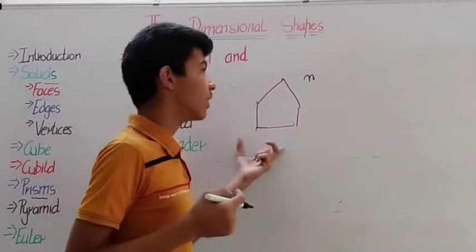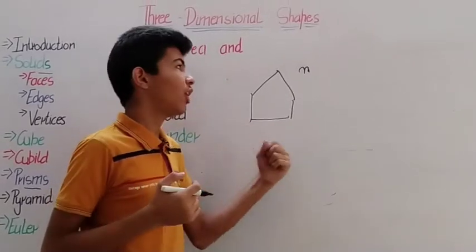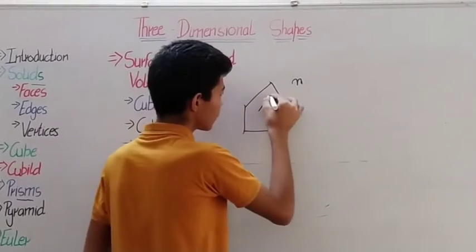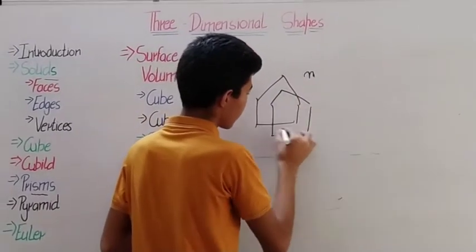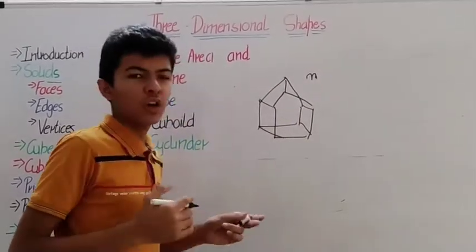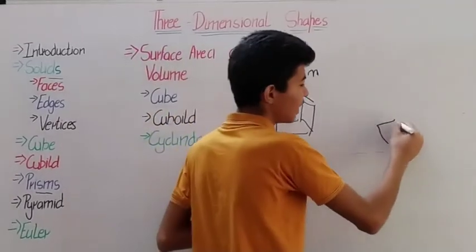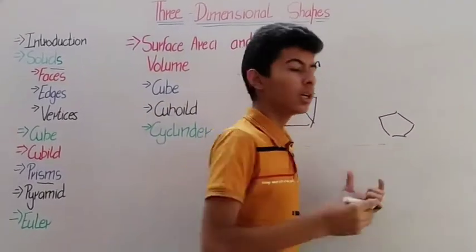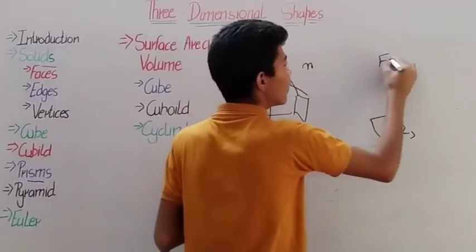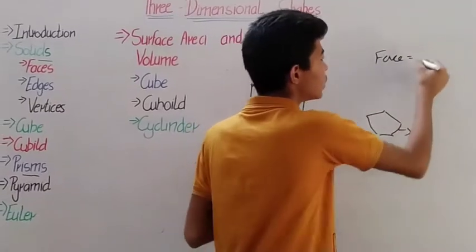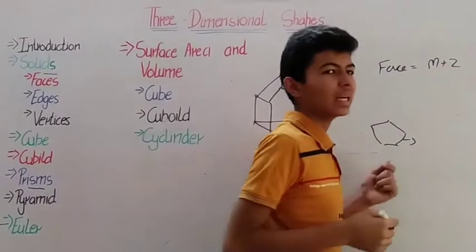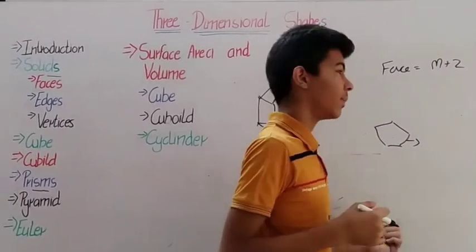If we have a regular polygon, or any polygon, with n number of sides, we can calculate the faces. Each of the 5 sides makes its own face, and there is one on the top and one on the bottom. So the number of faces is n, because each side has its own face, plus 2, the face on the top and the face on the bottom.